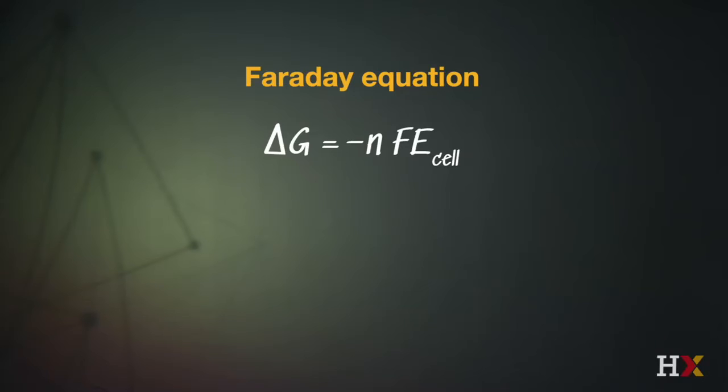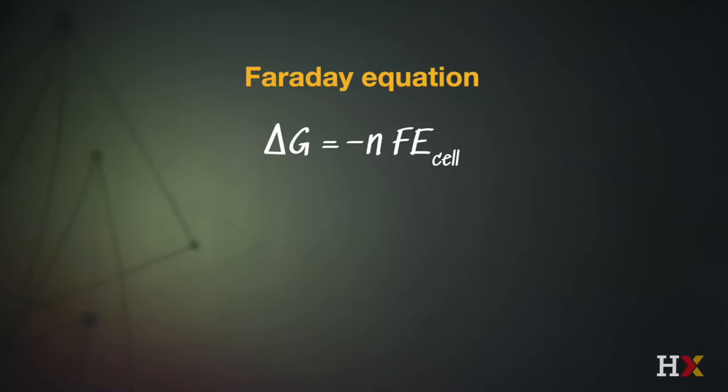One, the remarkable linkage between this idea of Gibbs free energy and the actual voltage put out by a cell, and the fact that a very straightforward, simple equation relates those two incredibly different topics. That's the genius of the Faraday equation.